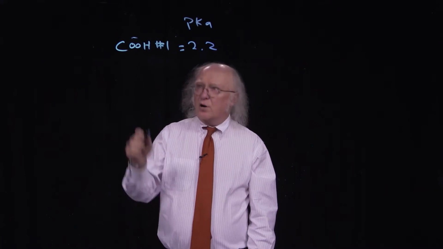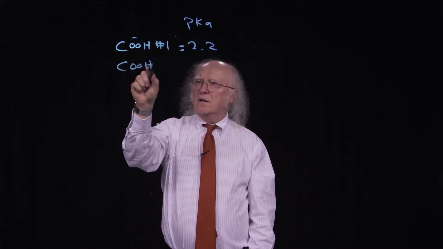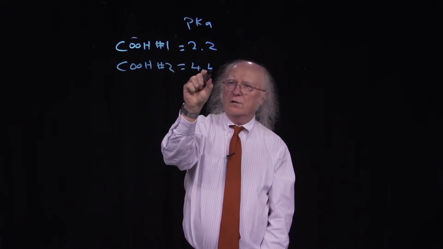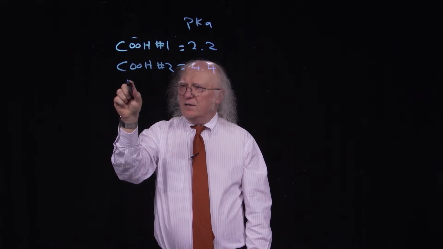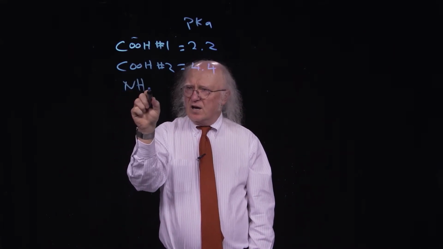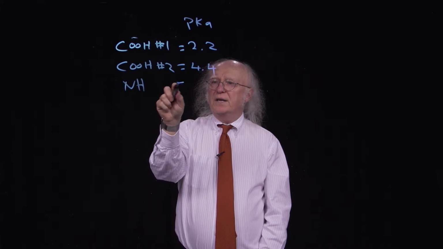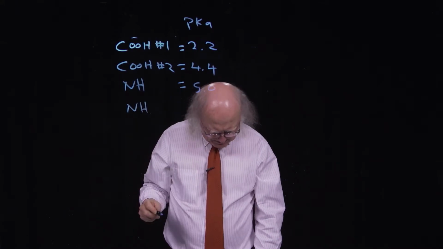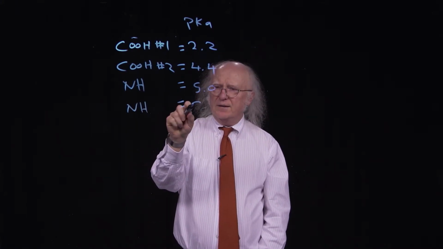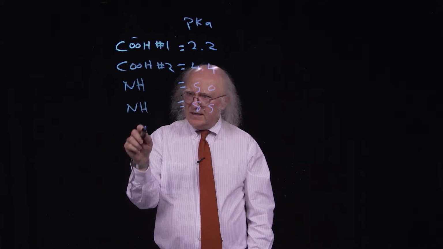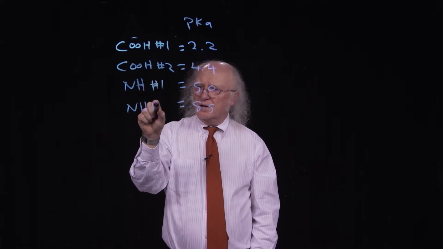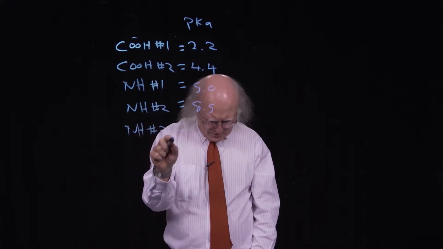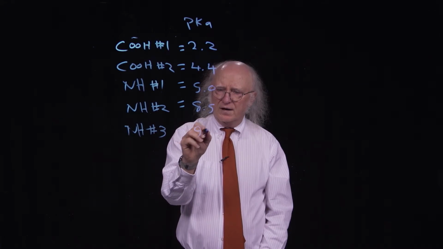Okay, it has carboxyl number 2 with a pKa value of 4.4, an amine, which I'm going to label as NH, just as an NH group, with a pKa value of 5.0, an amine with a pKa value of 8.5, and an amine, this is amine number 1, number 2, and amine number 3, with a pKa value of 9.5.